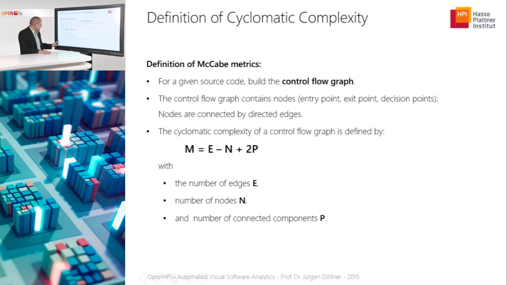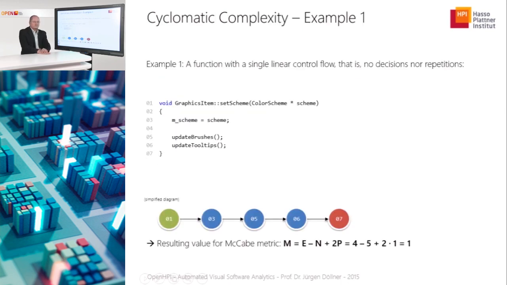Let's see some examples. Here we see a simple linear control flow in a method. Basically 3 assignments, 3 statements are given there. The corresponding control flow consists of the entry point, 1 node, the exit point, another node, and 3 nodes in between.